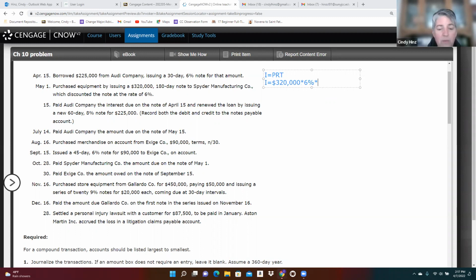And I'm assuming that we are going to use a 360-day year as we have been for all of these calculations just to make it easier. So 320,000 times 6%, and that's half a year. The interest is $9,600.